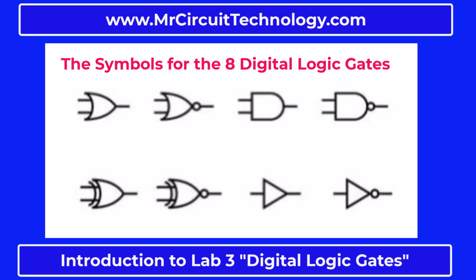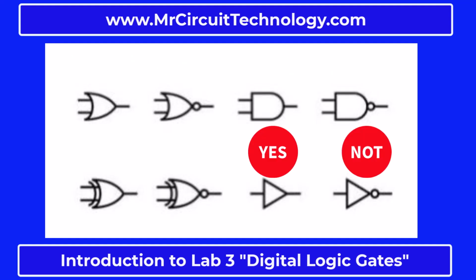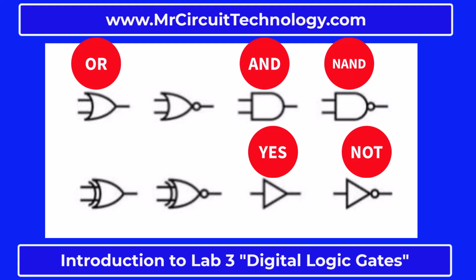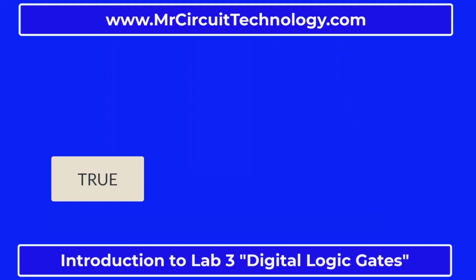Here are their names: yes, not, and, NAND, or, NOR, XOR, and XNOR. The only type of inputs that you can give to a digital logic gate is a true or a false.